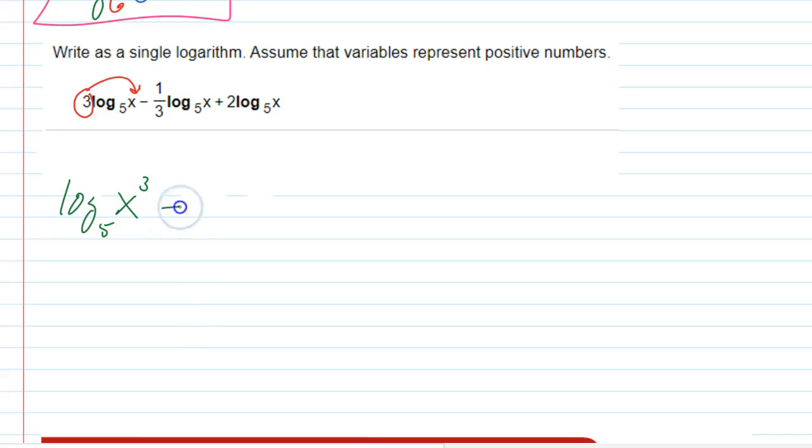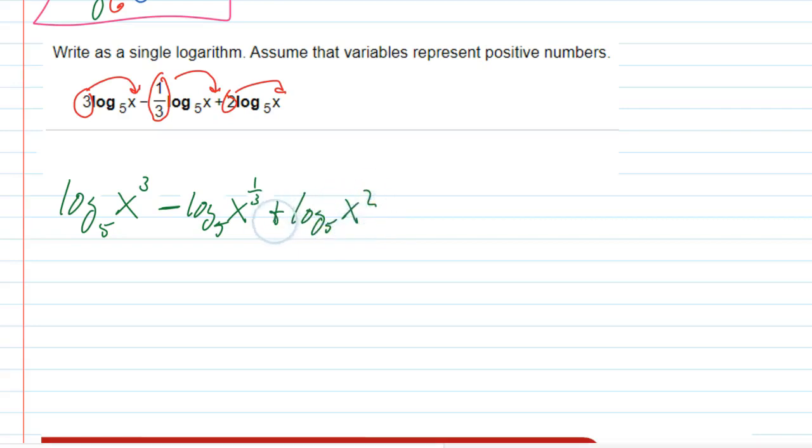Then it says minus, and the next one is an exponent of 1/3. So that goes on top there, giving us log base 5 x to the power of 1/3. And then the next one is a 2. It climbs on top of that x also, leaving a plus log base 5 of x squared.